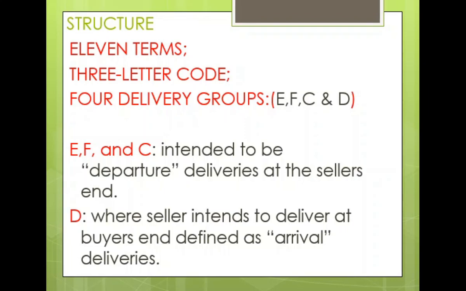So if you put the 3, E, F, and C, together, they form the departure deliveries. Departure deliveries, all at the seller's end in international trade. The D delivery group is the arrival delivery. It's used when the seller intends to deliver at the buyer's end.